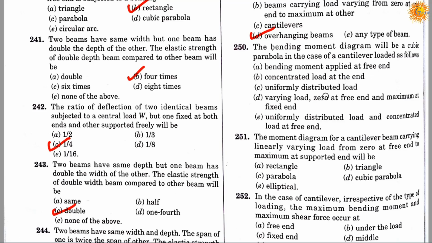Option C, uniformly distributed load. Option D, varying load, 0 at free end and maximum at fixed end. Option E, uniformly distributed load and concentrated load at free end. Correct answer is D. It will be varying load, 0 at free end and maximum at the fixed end.